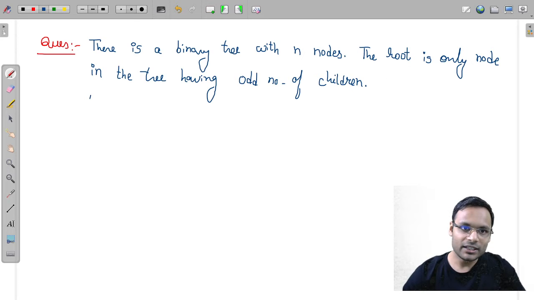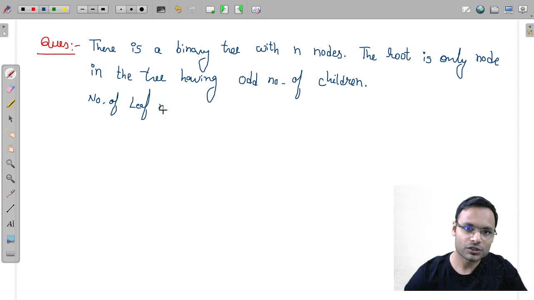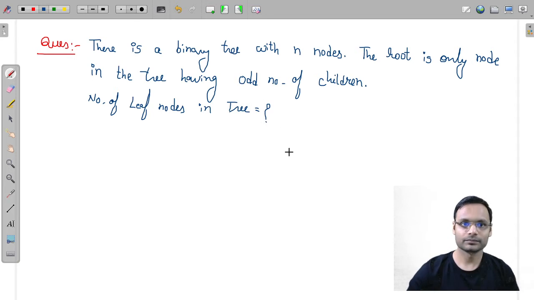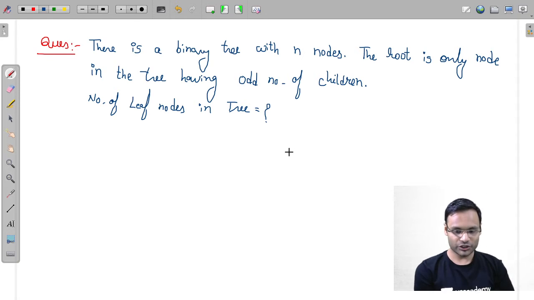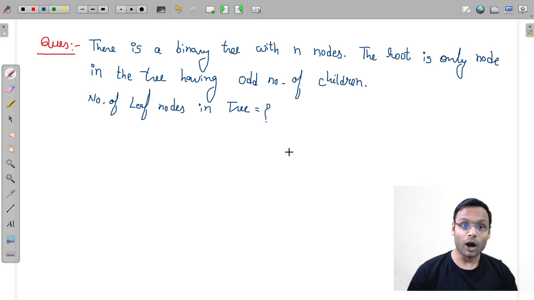I need the number of leaf nodes in the tree. How many leaf nodes will the tree have?